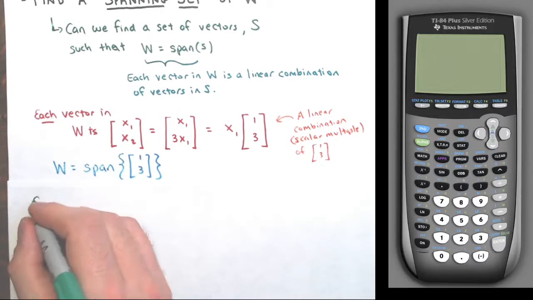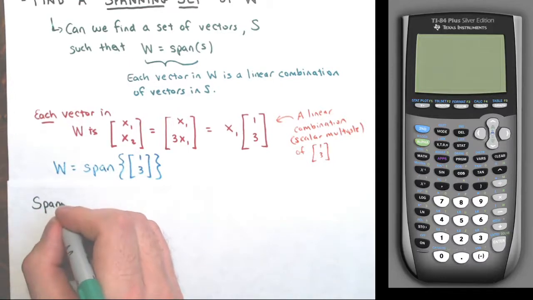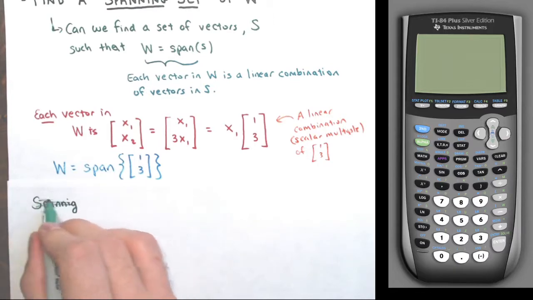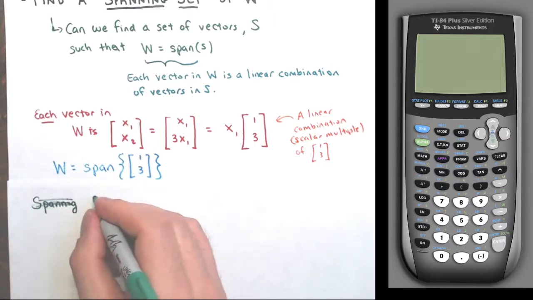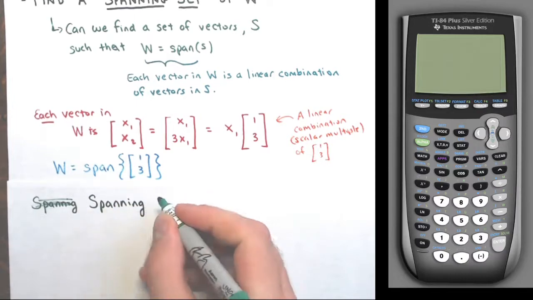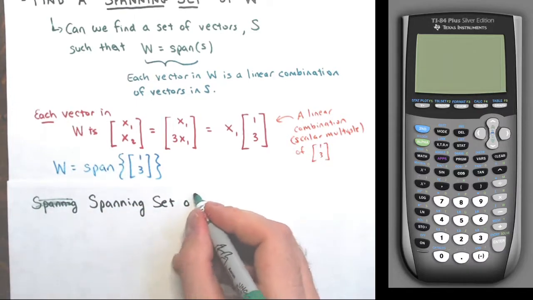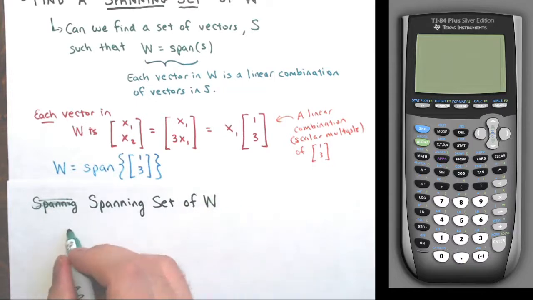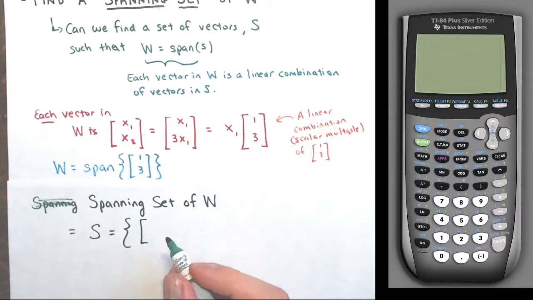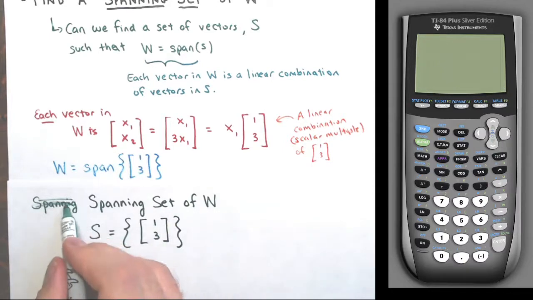So the spanning set of W, which again I'm going to call S, is the set with just the vector 1, 3 in it. Great.